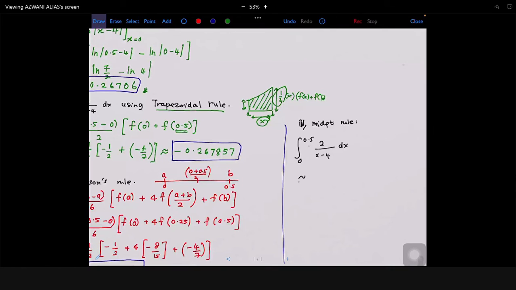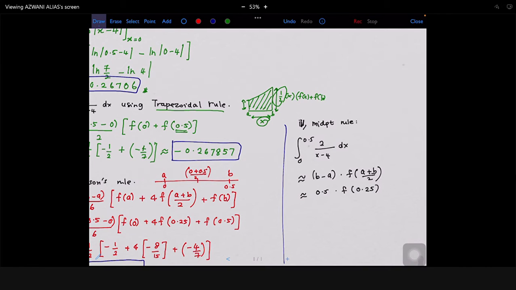So, you akan dapat b minus a, tapak dia darab dengan f, the midpoint. F, which is a plus b divided by 2. So, b minus a 0.5 darab dengan f 0.25.